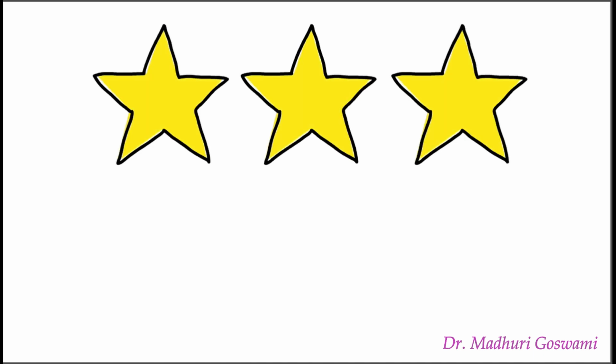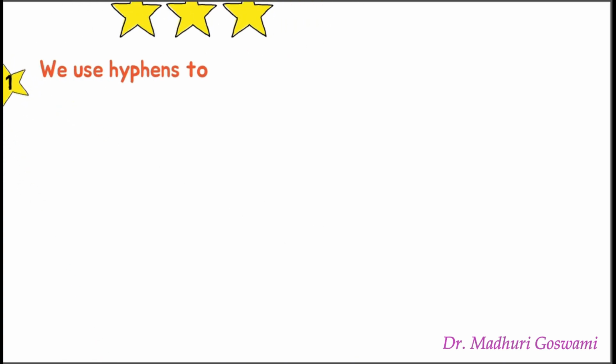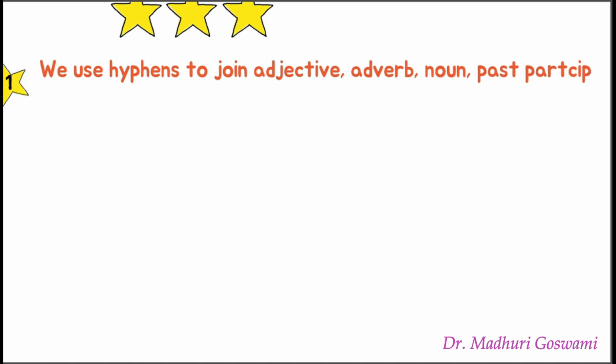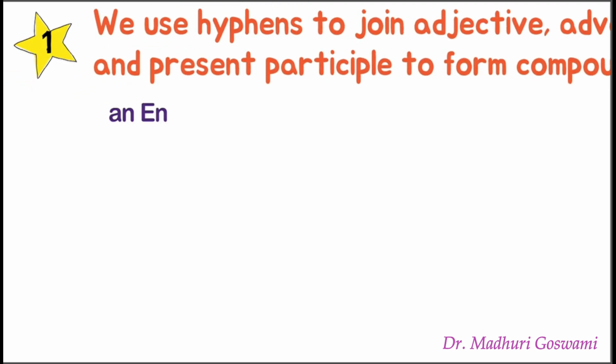So we notice three important uses of the hyphen. The first one is we use hyphens to join adjective, adverb, noun, past participle, and present participle to form compound adjectives in English. Now we have examples of each kind of category in the list of examples.